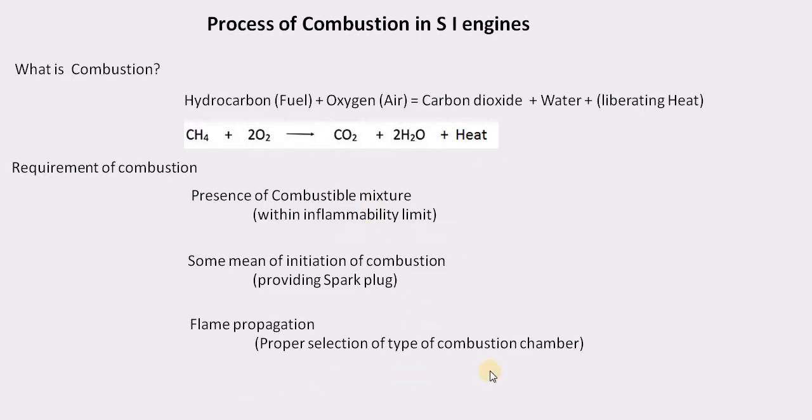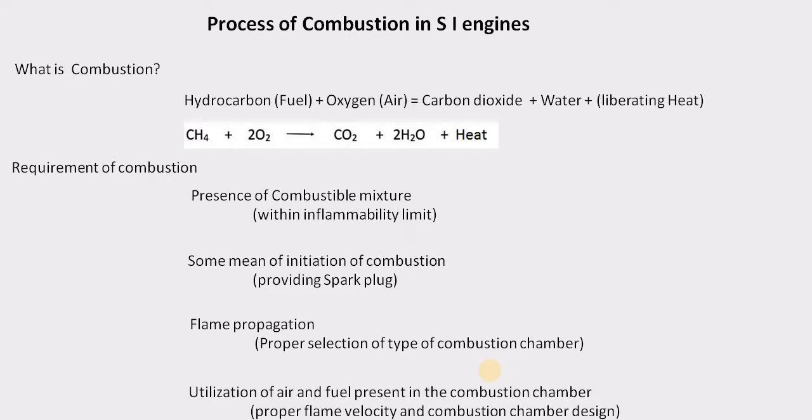Here we need to take care that the type of combustion chamber is properly selected, so that the flame is uniformly distributed without unevenness, and we can say a smooth combustion is happening inside the combustion chamber. We also need to ensure that all the fuel and all the air inside the combustion chamber is utilized.